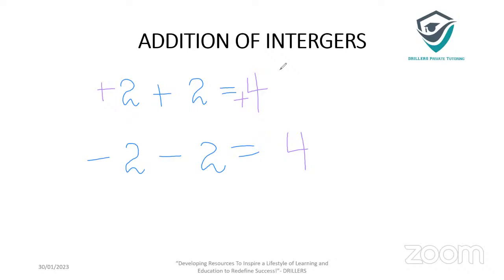But the same sign that we have there is negative. So I'm going to end up with -4. So remember, same sign, we add the values and keep the sign.